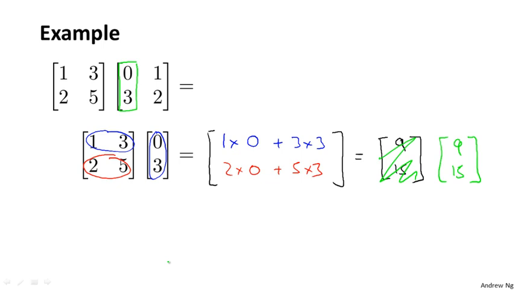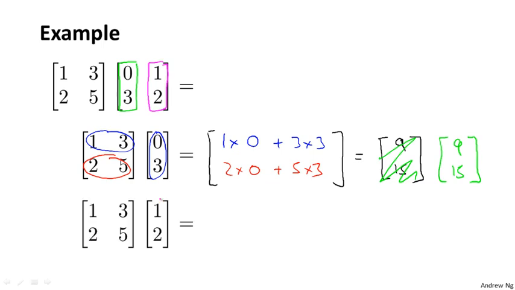And then next I'm going to pull out the second column of this and do the corresponding calculation. So that's this matrix times this vector [1 2]. Let's also do this quickly. So that's 1 times 1 plus 3 times 2. So just that was that row.